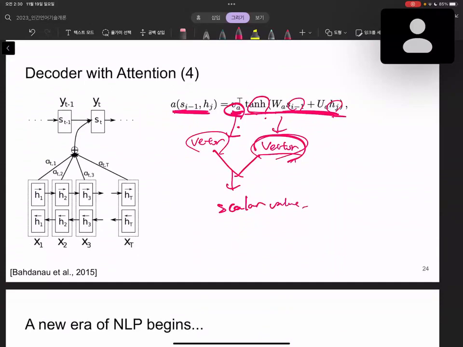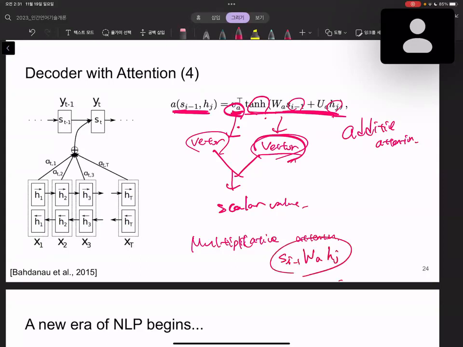And this is additive attention, I think. And also there is a multiplicative potential. I'm not sure because they do not use it anymore, but I think it would be like this.